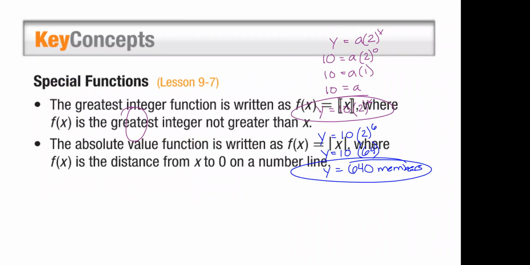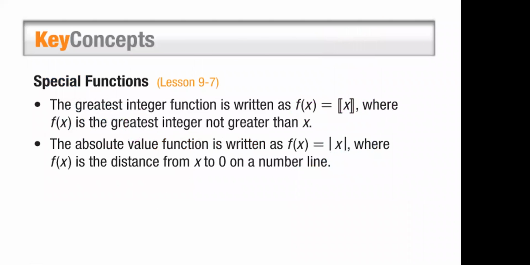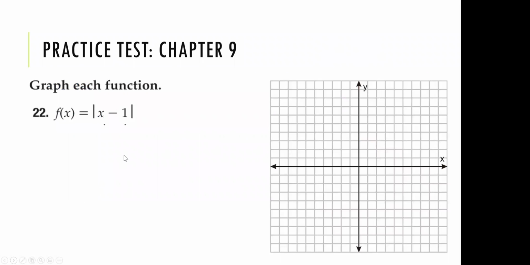All right, here it talks about special functions, okay? So we've got these, the greater integer functions, and we've got absolute value functions, okay? So it says to graph this function here, the absolute value of x minus 1, okay? So recall that absolute value has to be positive, right?